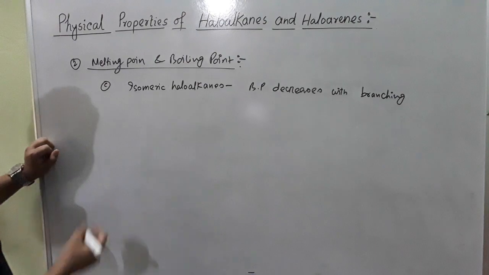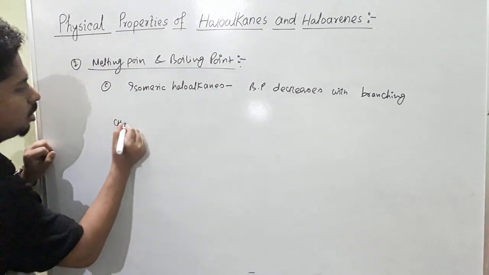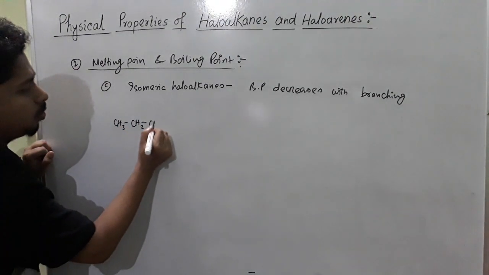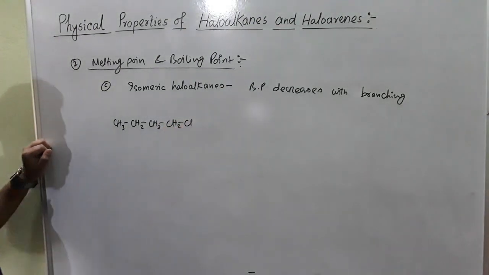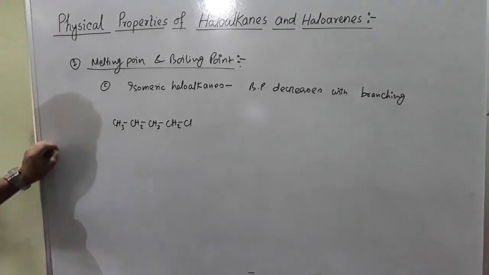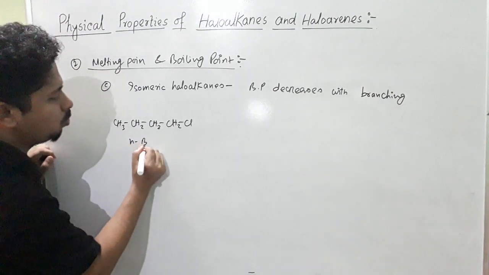Now suppose we consider one example, CH3-CH2-CH2-CH2-Cl. What is the name of this molecule? The name of this molecule is n-butyl chloride.